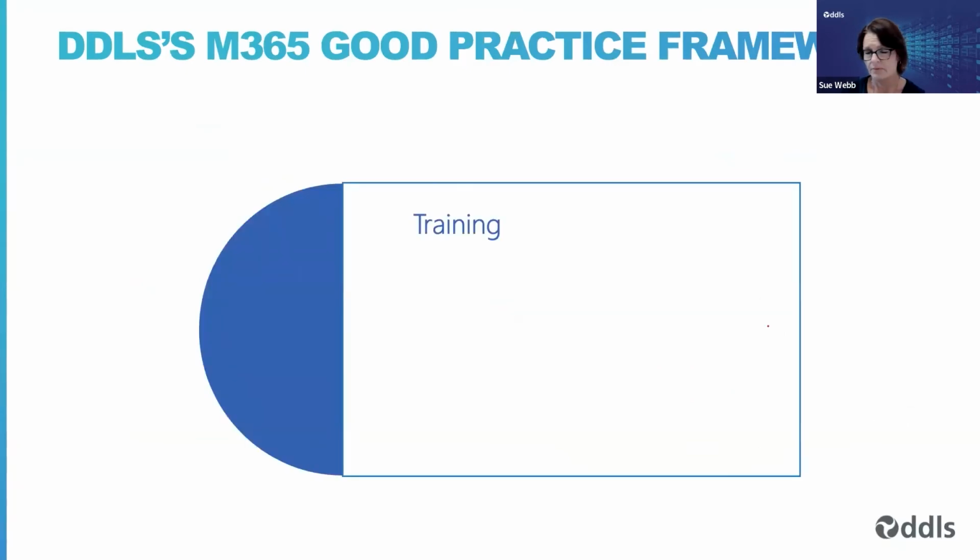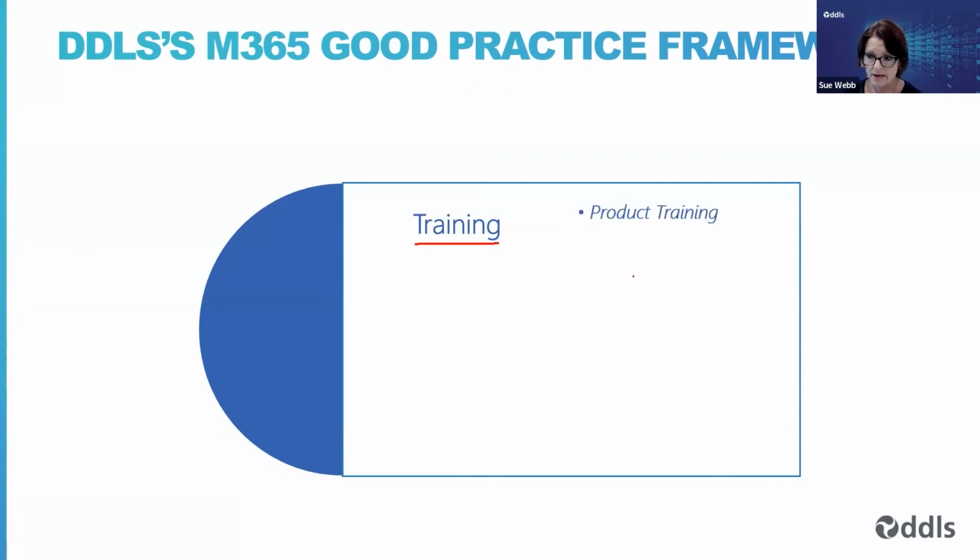So we know that people need training. You are not going to get the levels of productivity and collaboration that you need in your organisation without doing training. It's necessary. People need to understand how to use the tools. Whether they do a half-day course that covers a little bit of everything, or they do a deep dive and spend 3-4 days on a specific product, that's a different decision, but they need training. Everybody needs training.